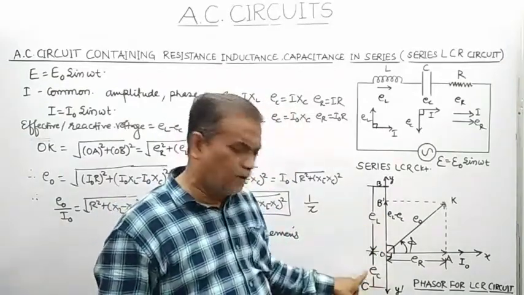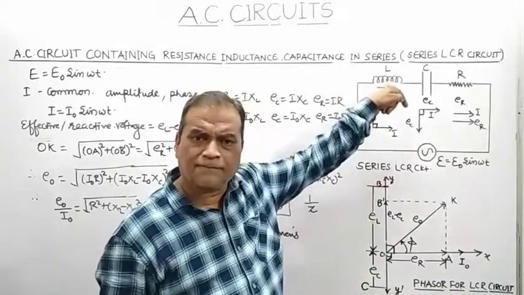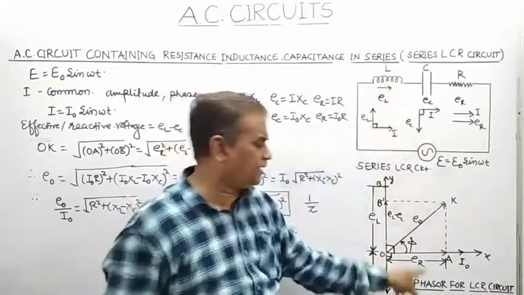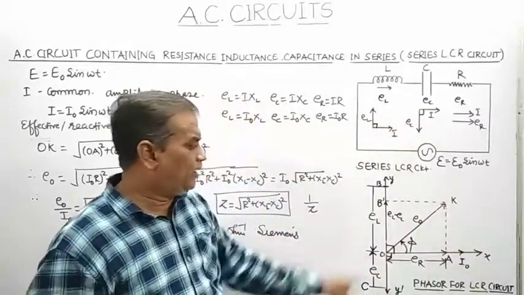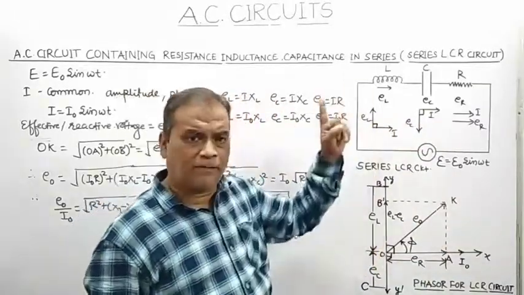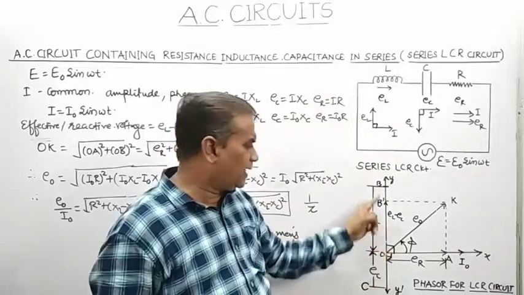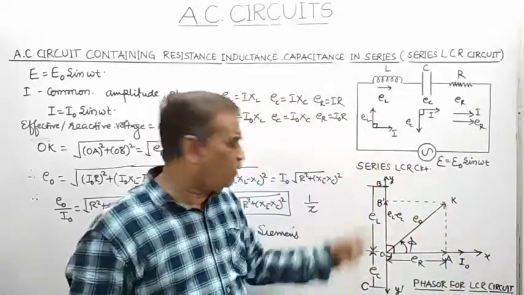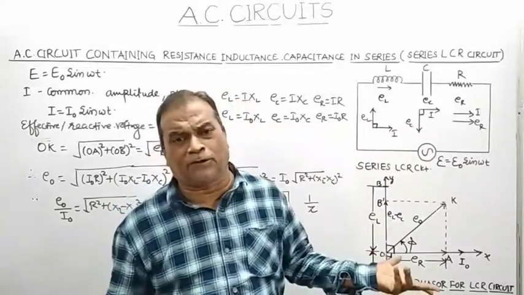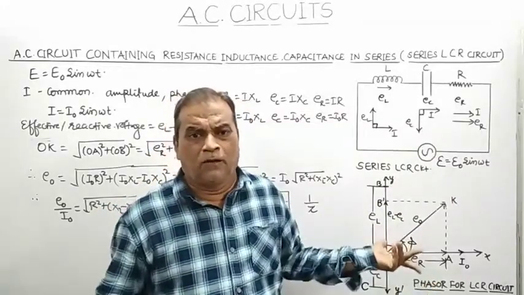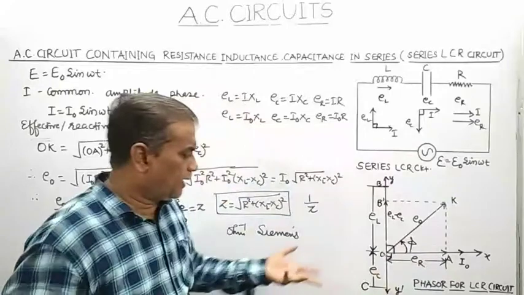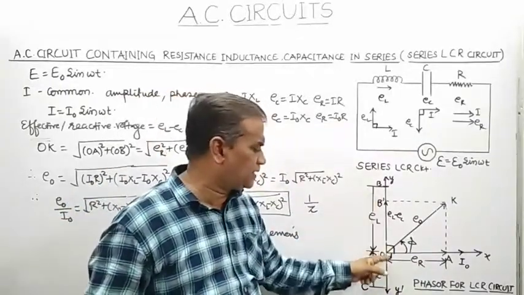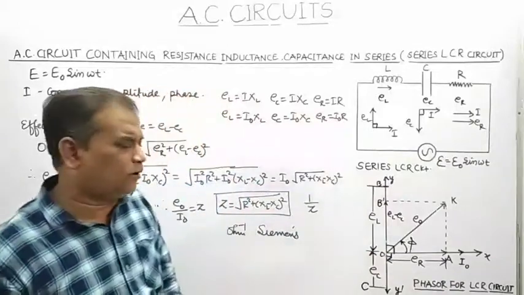Arrow OC represents EC, because voltage across the capacitor lags behind the current I0, while OB represents EL, because voltage across the inductor leads the current I0, and EL and EC are opposite in direction.